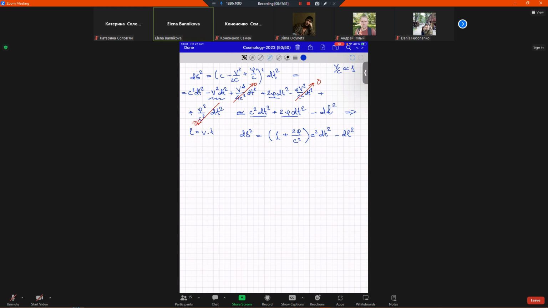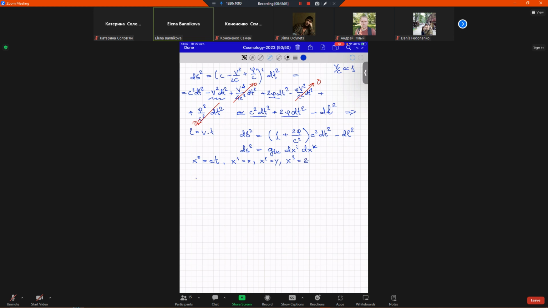So if I remind that in the general case ds square is represented through the metric tensor, I can immediately recognize that if we put the notation x0, this is coordinate ct, and x1 x, x2 y, x3 z.